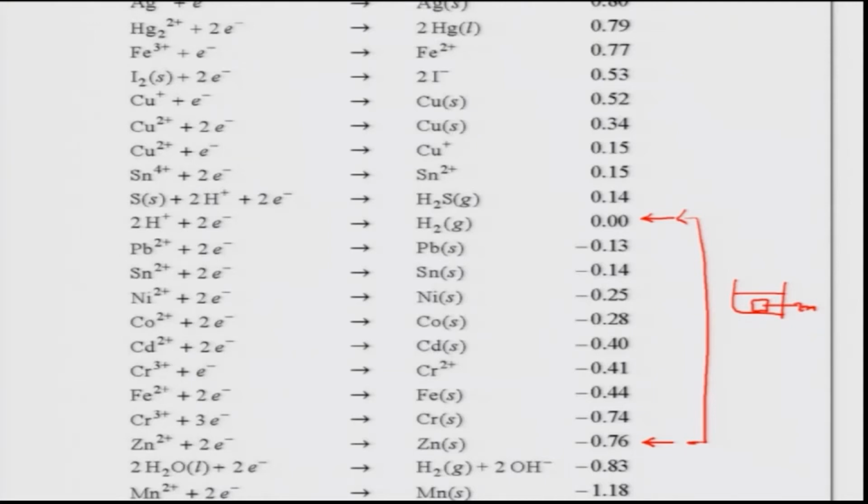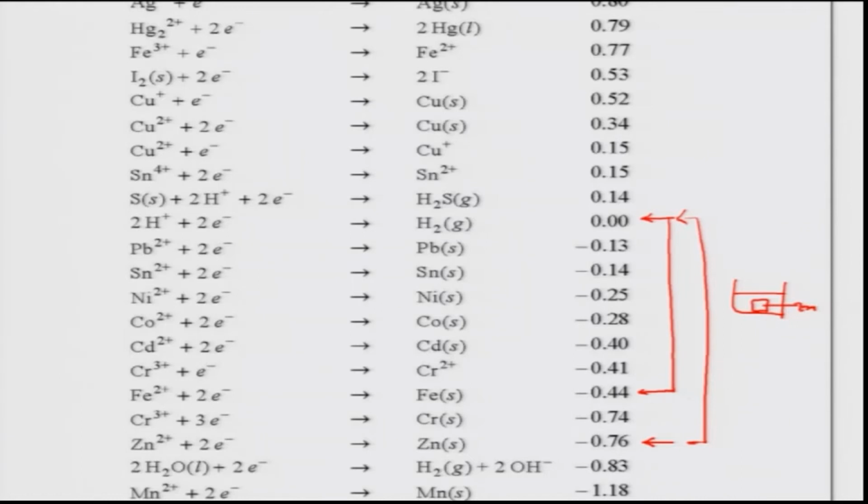Similarly, if we see this and this, there also we could see that iron would dissolve and hydrogen ion would get reduced and then form hydrogen gas. There also the iron would dissolve quickly, because iron has a lower reduction potential as compared to hydrogen.